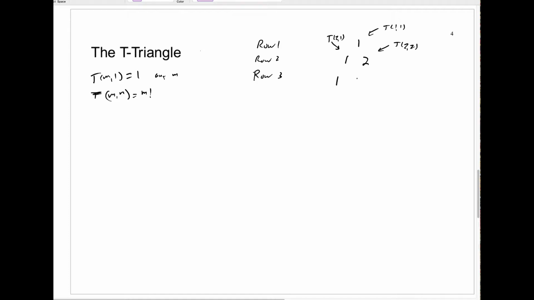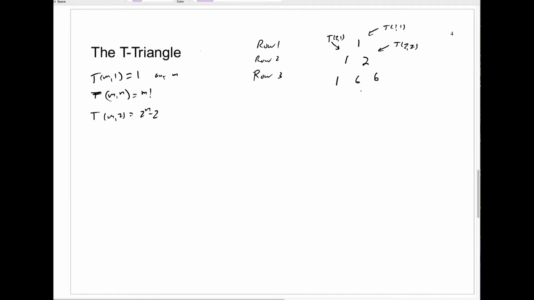T32 we can find using the formula above. Remember, put these formulas back here. TM2 will be 2 to the m minus 2. So that will be 6. 2 cubed minus 2 is 8 minus 2, or 6. T33 is just 3 factorial, which is 6.